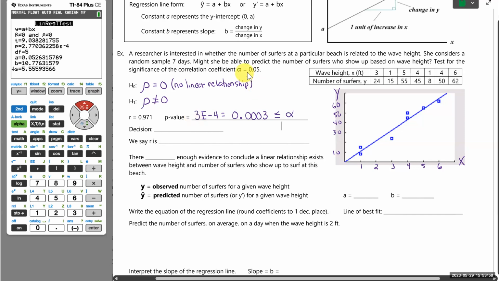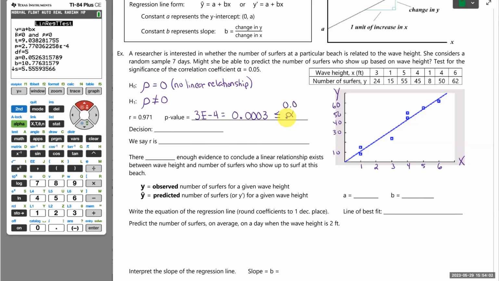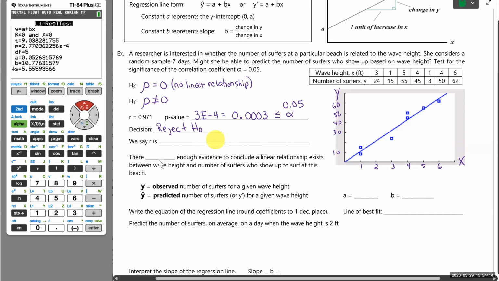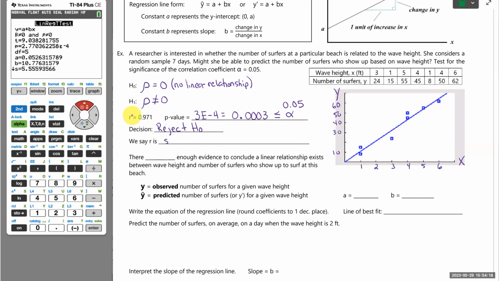So that's going to be less than or equal to any alpha that we could ever be given. And in particular, we're going to do alpha is 0.05. So that p-value is certainly lower than 0.05. So p-value low, let the null go. We do reject that null hypothesis. So in statistics, we say our results are statistically significant.